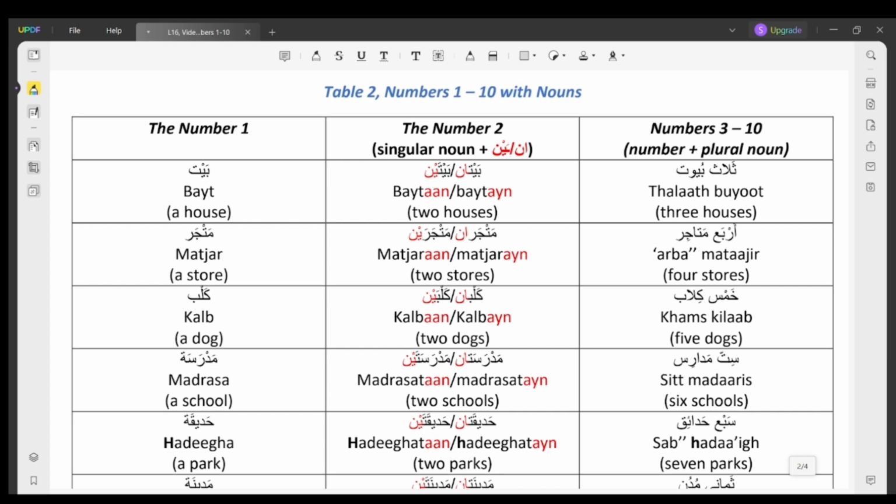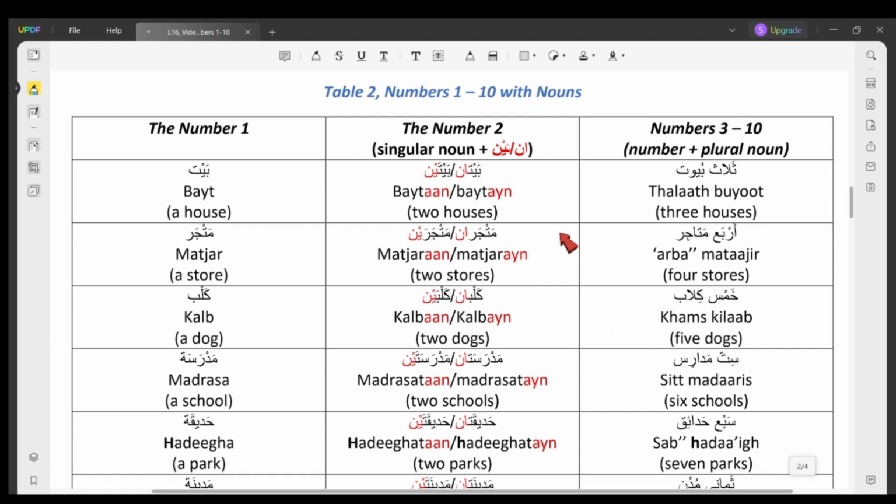Usually we just say bayt, which means a house. But if we're trying to emphasize, for example, only 1 house, that's when we would use the number waahid and say bayt waahid.